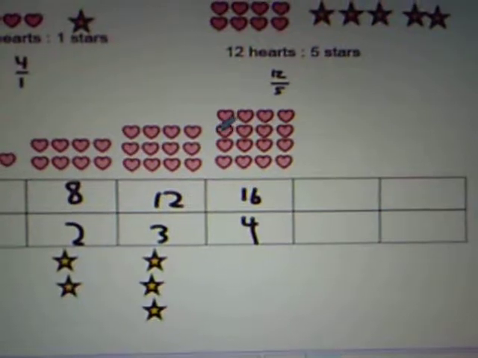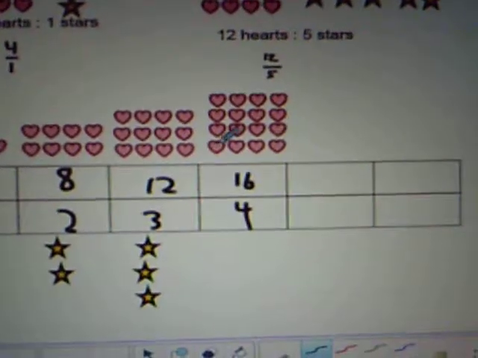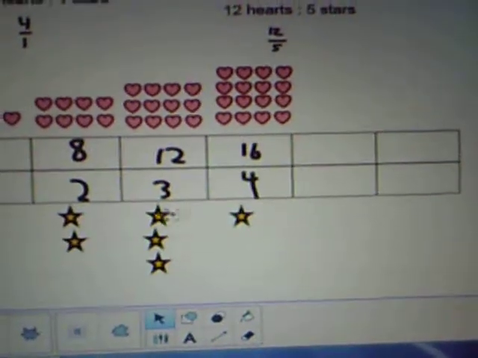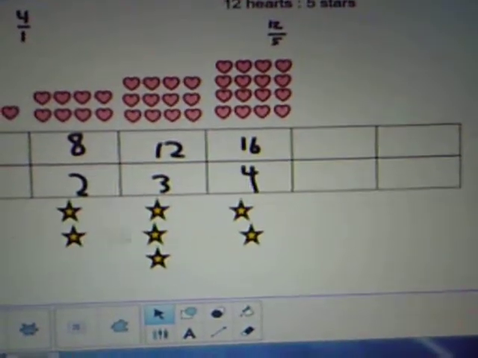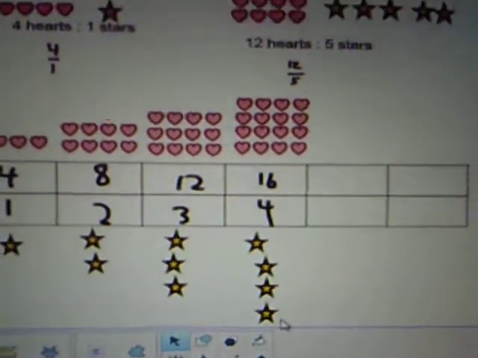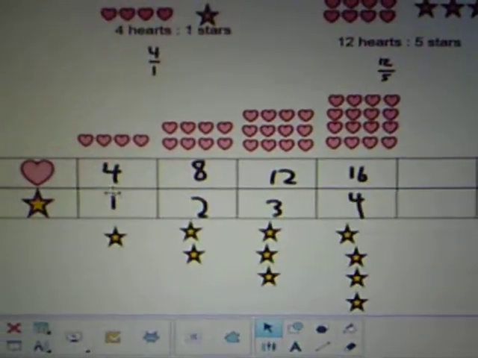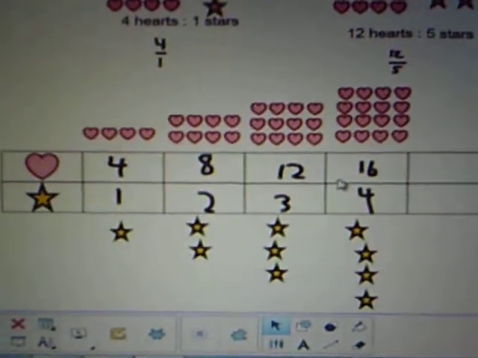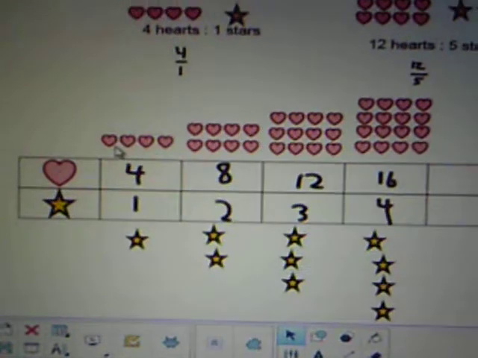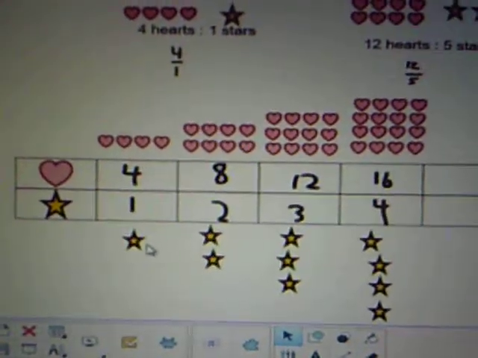So 1 star, 2 stars, 3 stars, 4 stars. So what I have here, again, is a list of equal ratios, because I'm keeping that 4 to 1 comparison the same. Every 4 hearts I add, I'm adding 1 star.